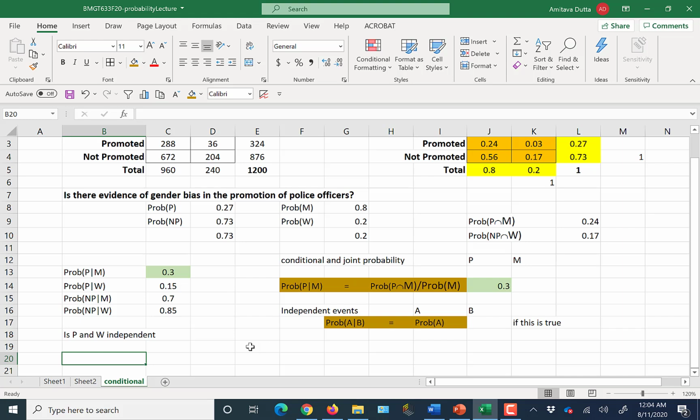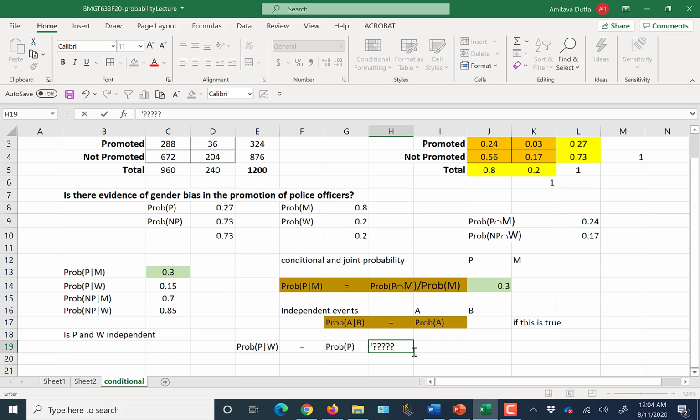So we'll simply have to check this condition. So what we need to check is the probability of P given W, is it equal to the probability of being promoted? So this is what we have to check.